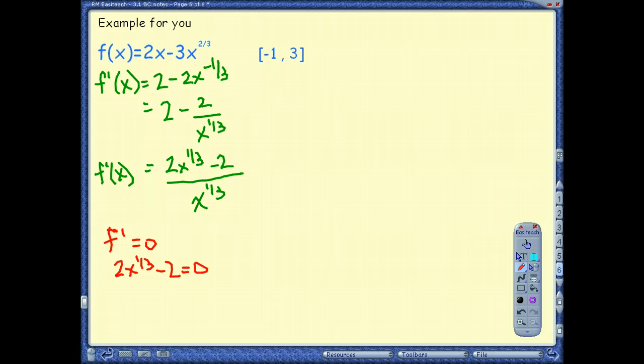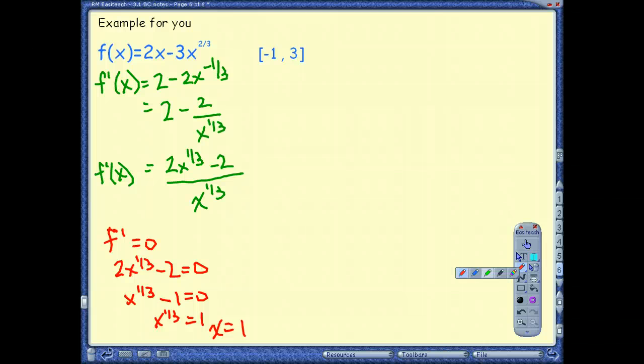If I divide both sides by 2, I get x to the 1/3 minus 1 equals 0. So x to the 1/3 equals 1. So x equals 1 is my first critical point. 1 is in my interval, and it is okay in my original equation.